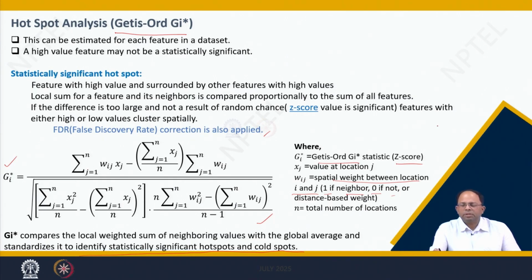Suppose I have a particular cell: all the cells which are neighbors are given a value of 1, and everything else is given a value of 0. In that way we can choose neighbors, or it could be based on a distance-based weight. That means we can say that everything within a certain distance is considered a neighbor. So we can determine the neighborhood using a particular spatial weight, and n is the total number of locations that we are considering.